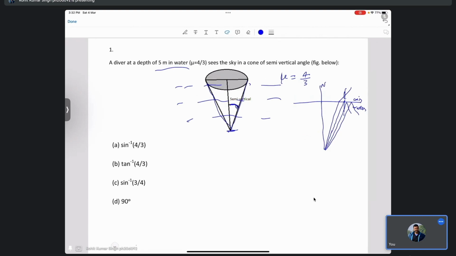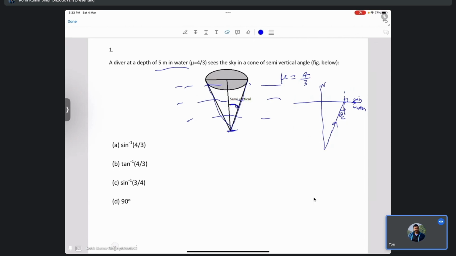So this cone is made up of all the rays of light which are getting refracted through 90 degree, that is, the incidence angle is the critical angle. That means this ray of light is going at 90 degree here, and this angle is your critical angle theta c.